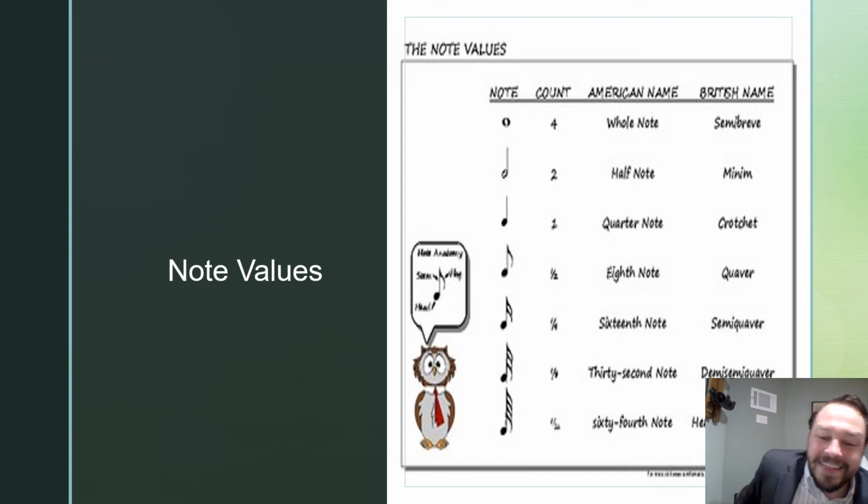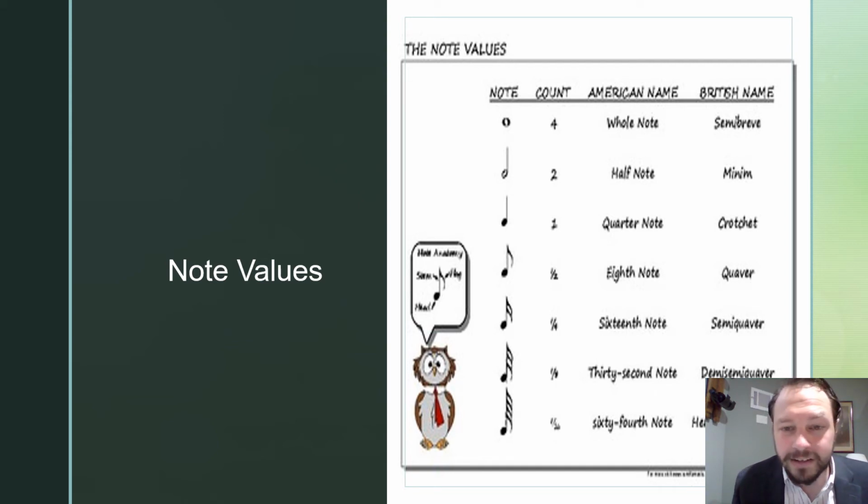Okay, and then the last one here, the filled in circle with 4 flags, that's called the 64th note, and you can't see it because of my head, but the Brits call it the hemi-demi-semi-quaver. They really be out there calling it the hemi-demi-semi-quaver. Okay, that's my personal favorite one. I like that one. And we could keep adding flags, and the value of the note will halve each time we add a flag.